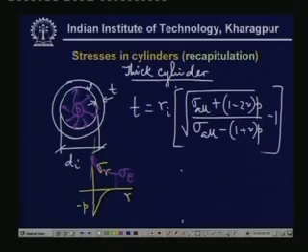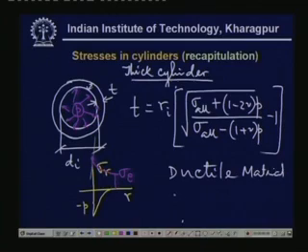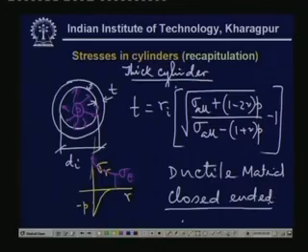So, this is again for the ductile material, and this is closed-ended. That is very important. Whenever we have such conditions, we can get the proper thickness for which the cylinder is able to sustain this particular pressure P.